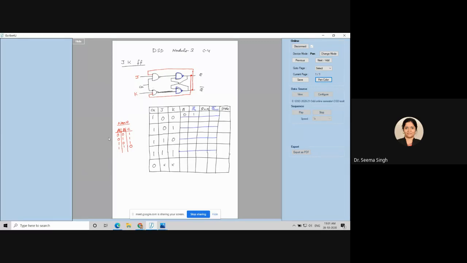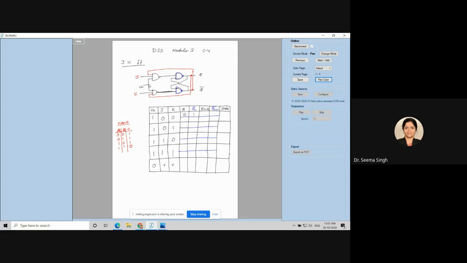You know that if any one of the inputs of a NAND gate is 0, it pushes the output to be 1. I had told you the flip-flop working is mainly governed by this NAND logic, which says that if any one of the inputs is 0, output is forced to be 1.